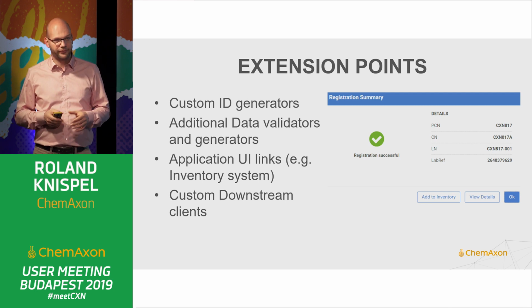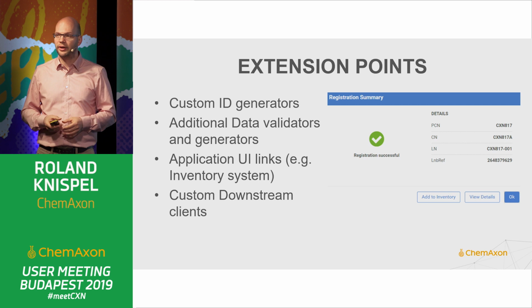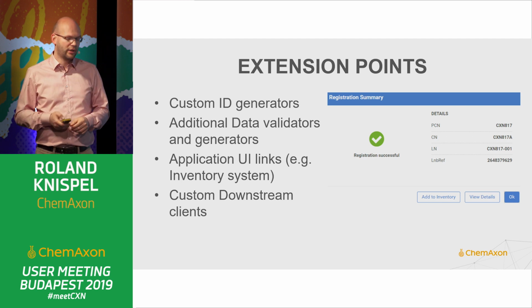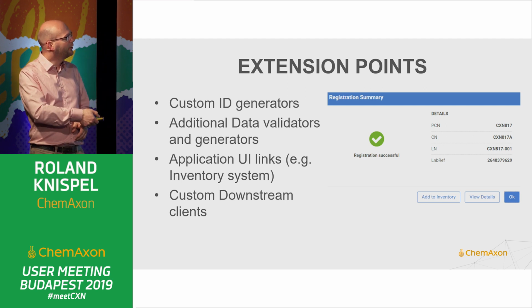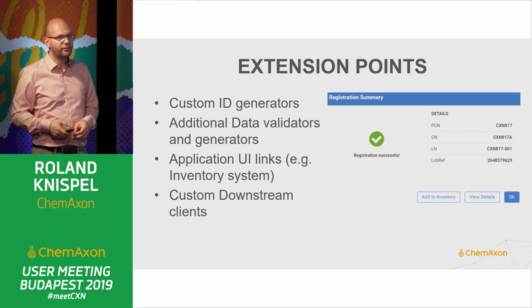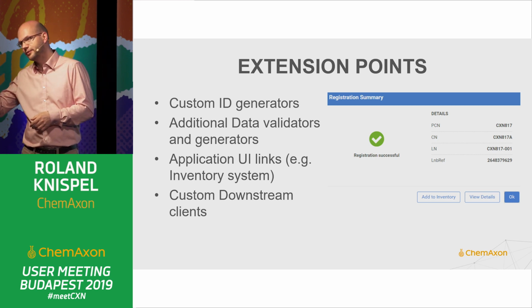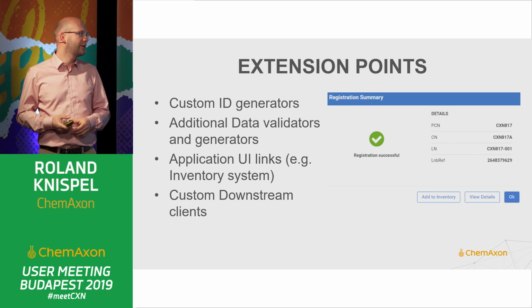We also have a couple of points within the web interface where we can enhance this with direct links to other applications. One of the examples you're seeing here, we've added a new button to the registration summary that you typically see whenever your submission has been registered in the system.